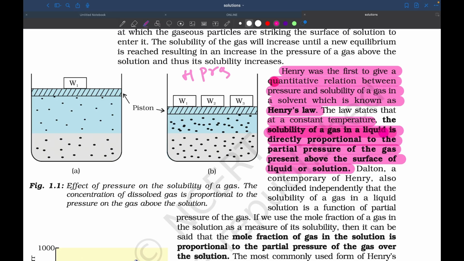So this is Henry's law. The amount of gas dissolved, that is the solubility in a liquid, is directly proportional to the partial pressure of the gas present over it.